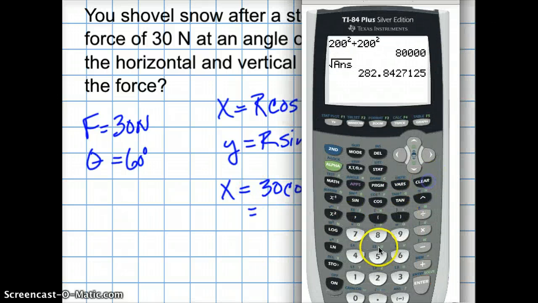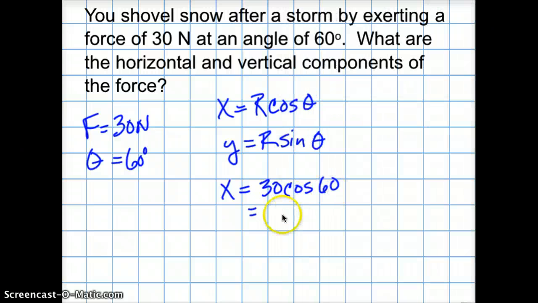Let me clear this, so 30 times the cosine of 60. And that gives me 15. So my horizontal component is 15. And that's in newtons, and we'll do forces later, but right now just know it's newtons.